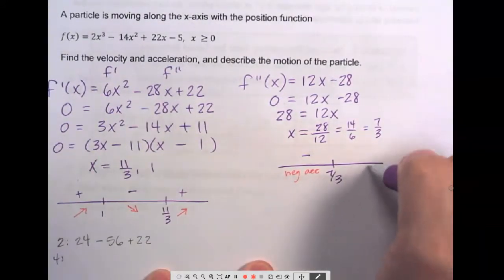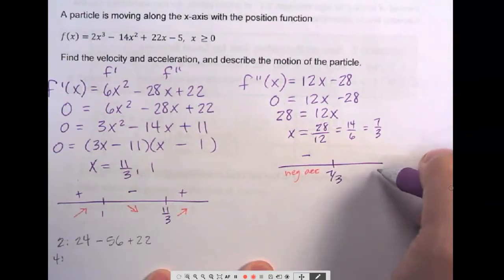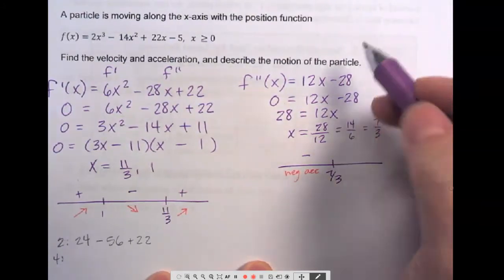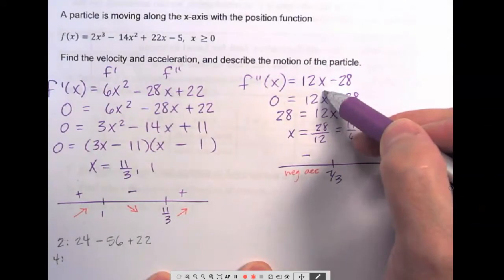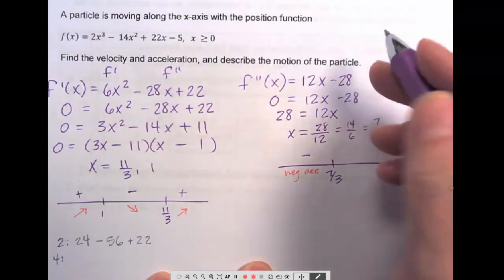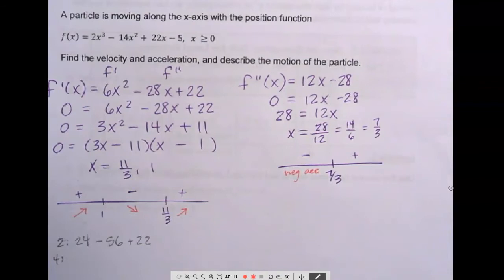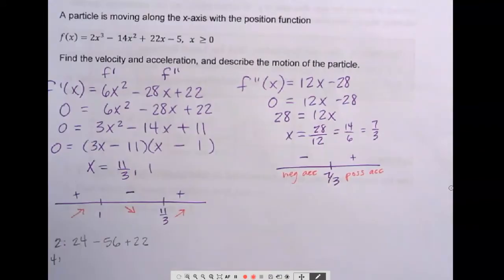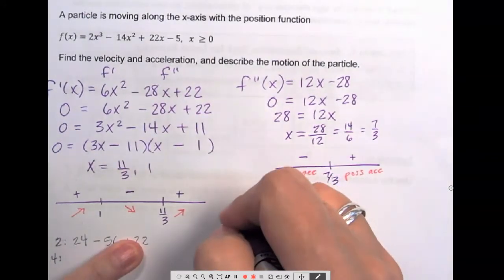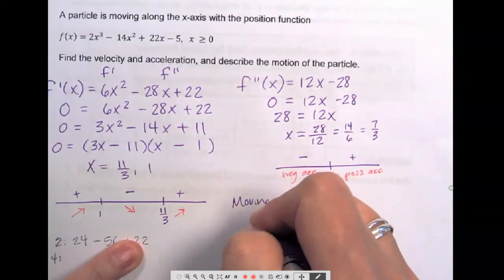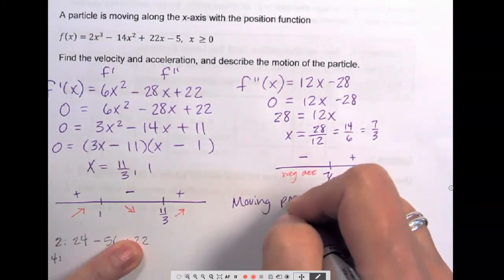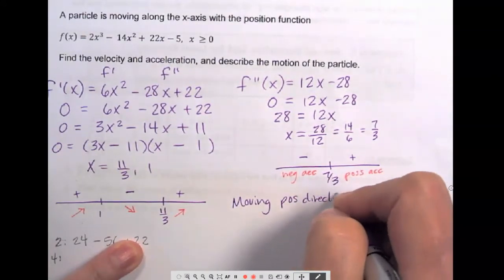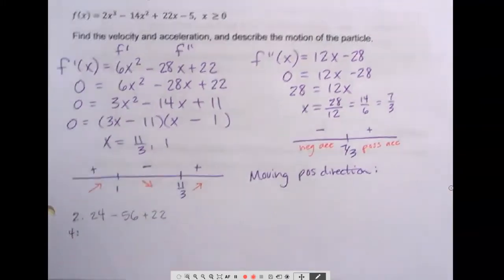Okay, something easy to the right of 7/3. 3. Okay. 12 times 3 minus 28, positive. So I have positive acceleration. Okay, so to describe the motion, I would say we are moving in a positive direction. Where?